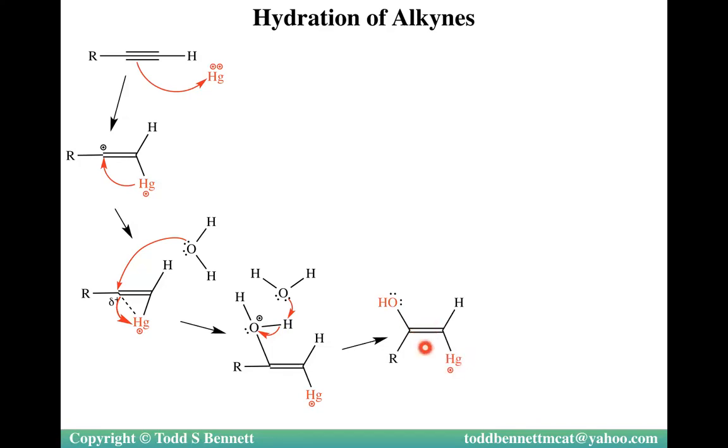Because of the mercury coordination, it doesn't tautomerize quite yet. What does happen, though, is we now have an acidic proton, and we have an alkene, so the alkene can pick up the H. When it does, we now create a carbocation. So this is just like tautomerization in the sense that we protonate the alkene, and then the electrons can kick in, which they do.